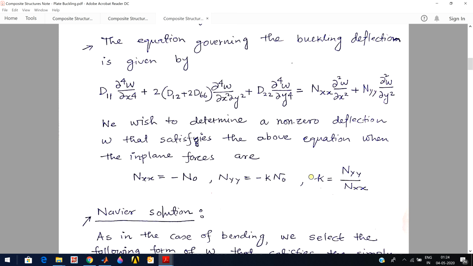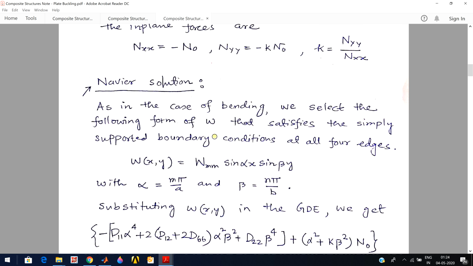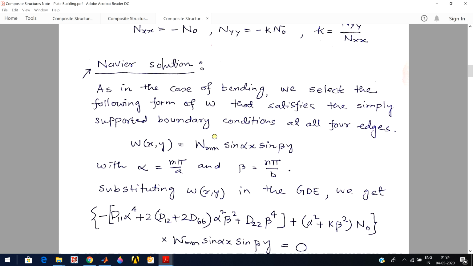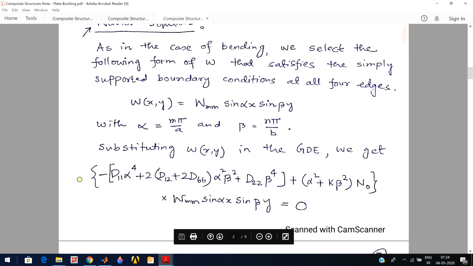So with this, now let us see how we can solve this buckling problem for a simply supported plate. And the Navier solution goes in a very similar way as we have done earlier. So you assume the double sine series and then put that in the governing differential equation. We get this form of the equation.